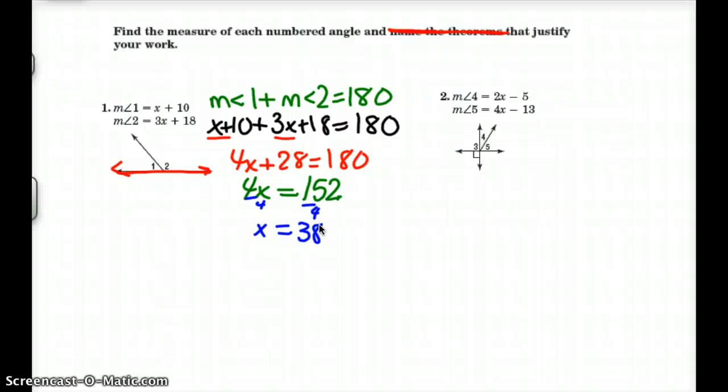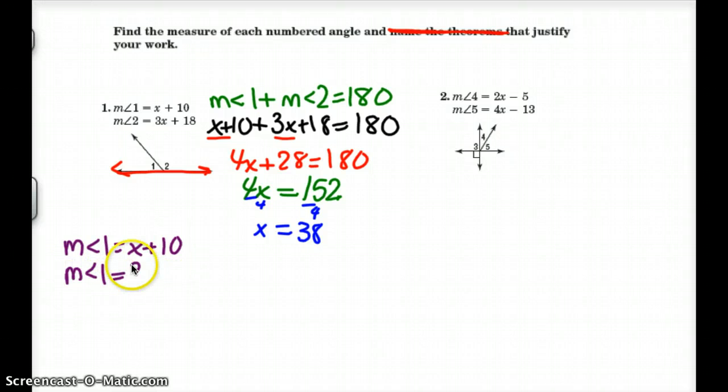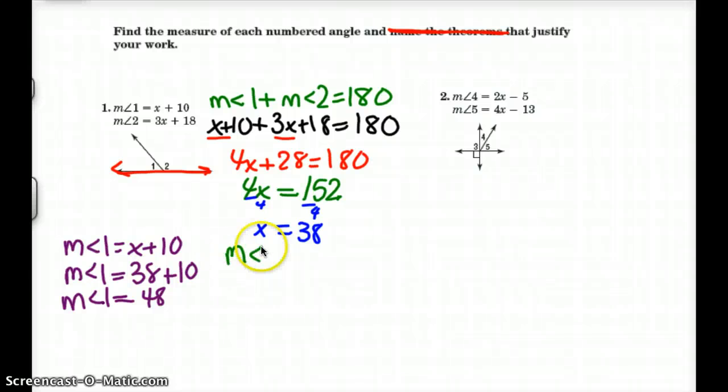They're asking you to find angle 1 and angle 2. So now I need to find the measure of angle 1, which is x plus 10. I'm going to plug in x. Measure of angle 1 equals 38 plus 10, which is 48. And then I need to find the measure of angle 2. Measure of angle 2 is 3x plus 18.